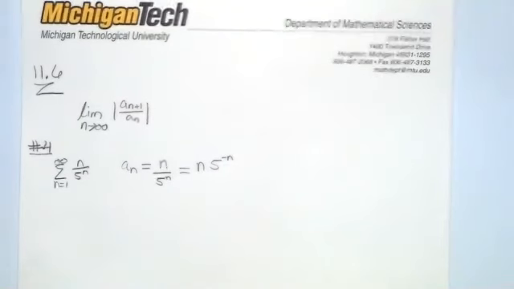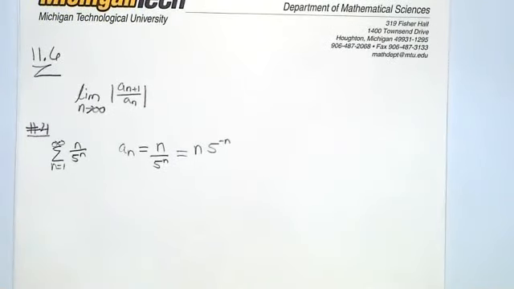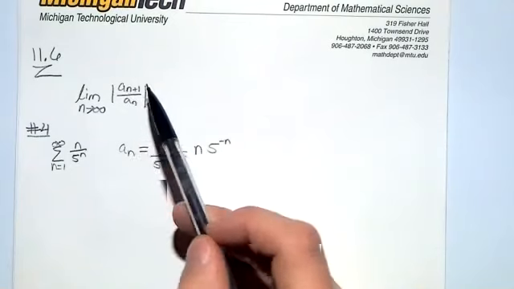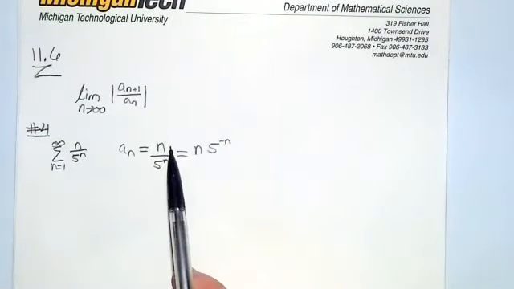Whatever way you guys are more comfortable with, both of them are correct. Okay, so now we need to think about our limit and what we're going to do. So taking a look back here, this a sub n plus 1 pretty much is saying wherever we have an n, we're going to add 1.